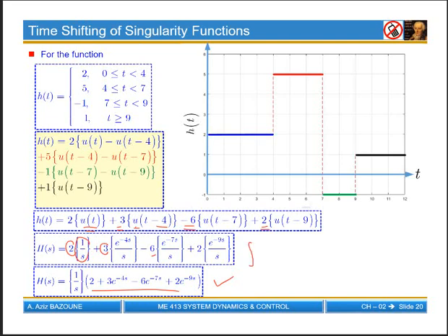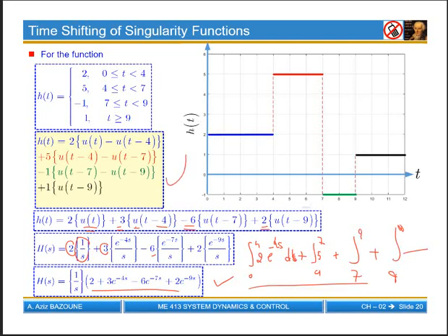You can say this one will be the integral from 0 to 4 of exponential minus ts, plus the integral from 4 to 7, plus the integral from 7 to 9, and then plus the integral from 9 to infinity.